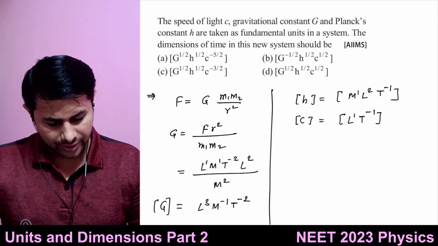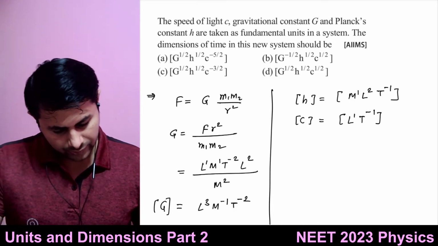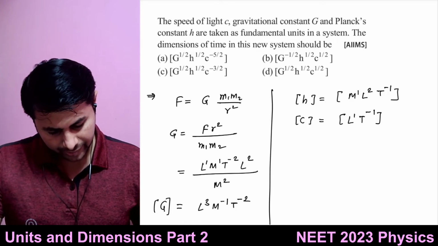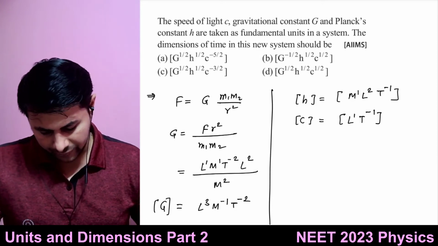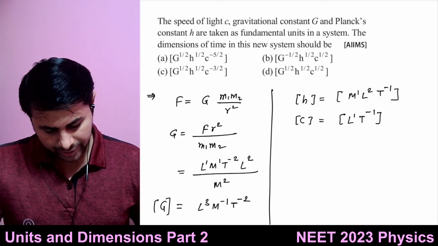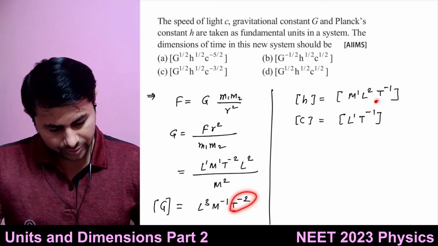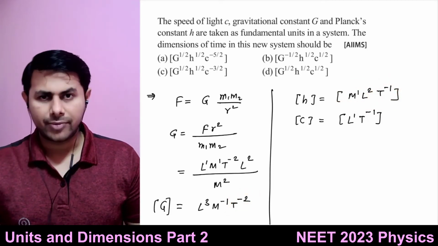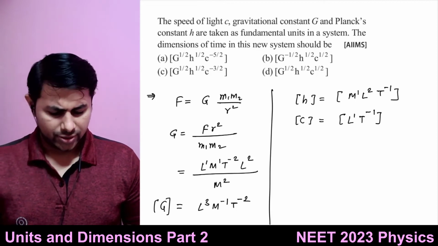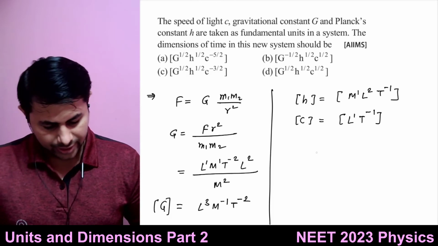So it does not get cancelled out. What if I multiply them? Then M will get cancelled out. That we can do. So T becomes T raised to minus 2 and minus 1, T raised to minus 3. So I don't need M; I will cancel out M. So I will multiply G and h.